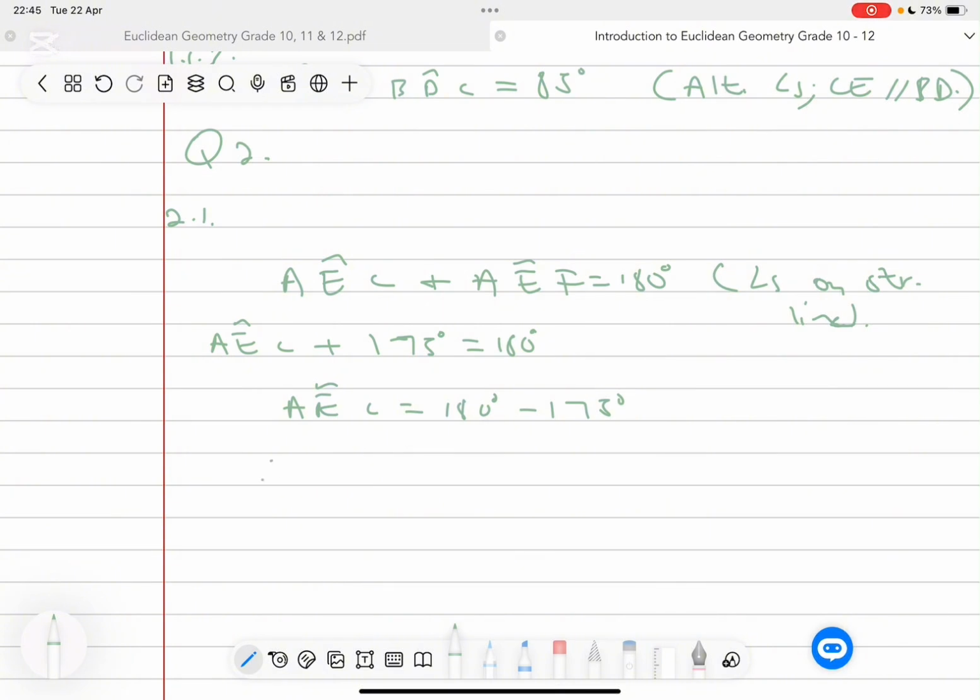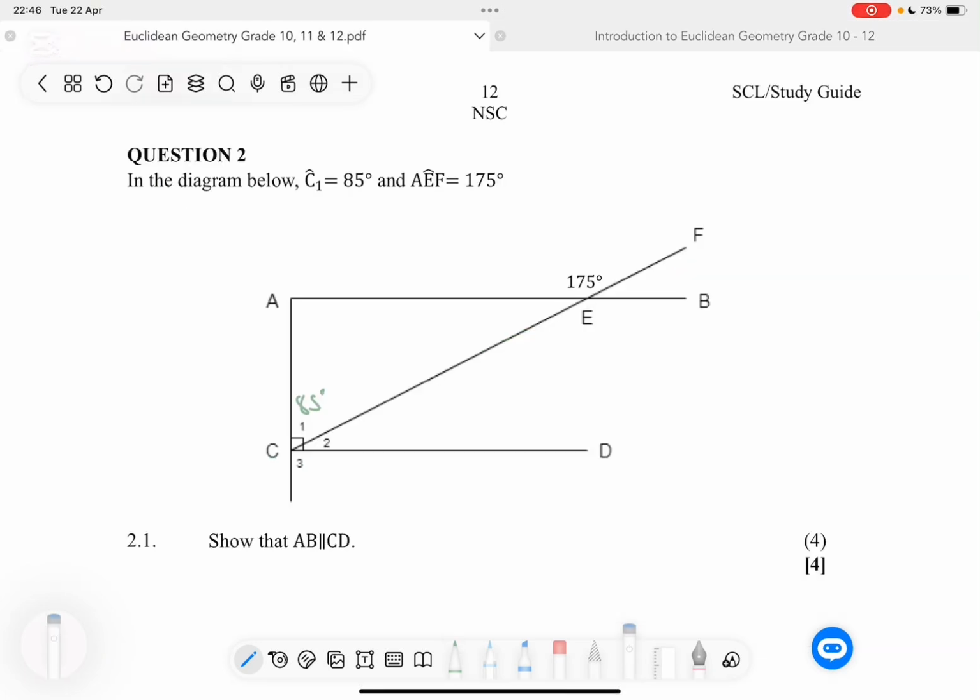And I can therefore conclude that angle AEC is equal to 180 minus 175, which leaves me with 5 degrees. Now that means I have found this angle to be 5 degrees.